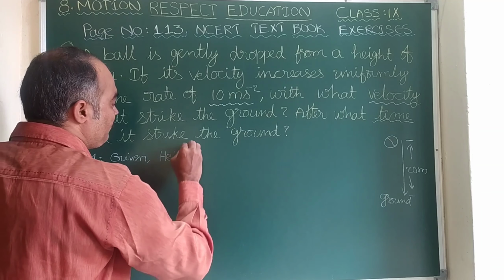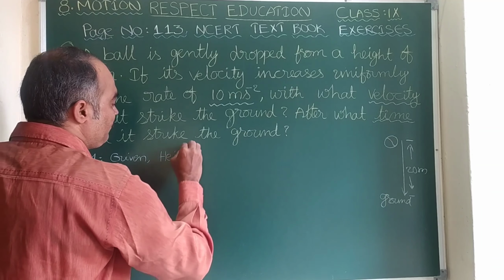If you take this vertically as the height and horizontally as distance, anyway the height is nothing but the distance travelled by the ball. So here S is 20 meters. And here acceleration A is given as 10 meter per second square.